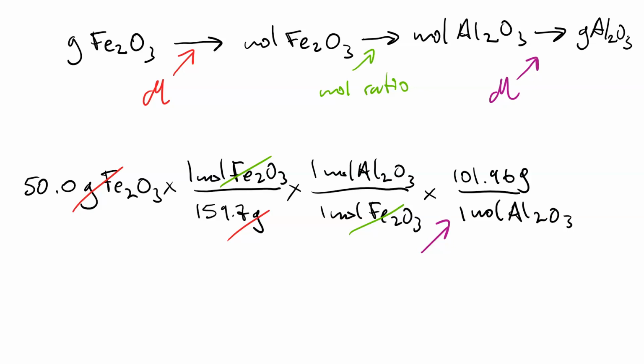So, moles of Al2O3 goes away, and we're left with grams of Al2O3. And I see that I'm going to form 31.9 grams of Al2O3.